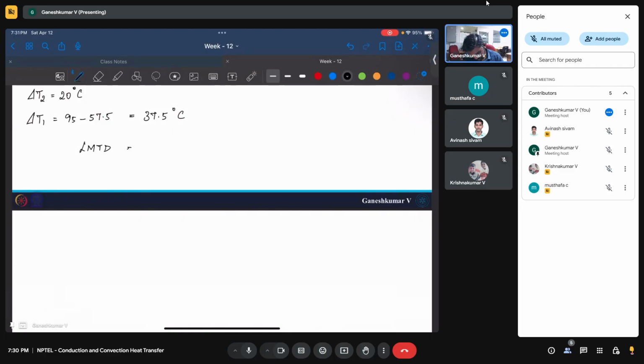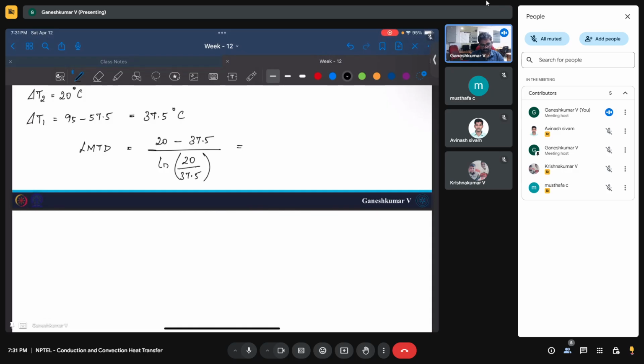LMTD equals T2 minus T1 divided by the natural log of T2 by T1. The numerator would be negative and the denominator also would be negative, because 20 by 37.5 is less than 1, and the natural log of anything less than 1 is negative.